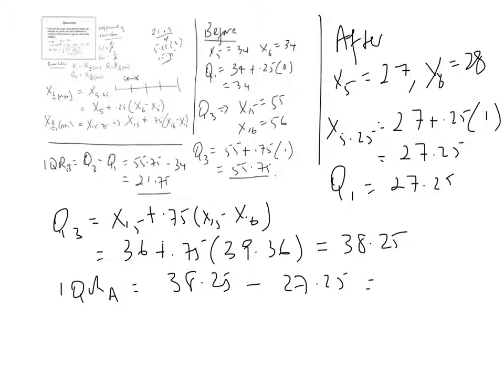Well, the .25s cancel out, and then we would have 11 as our interquartile range. So right away you can notice that this 11 is much smaller than the 21.75 right here for before. So the middle 50%, which is the interquartile range, for the age of the new clients is actually smaller than that of the age of the old clients. So this is really cool.